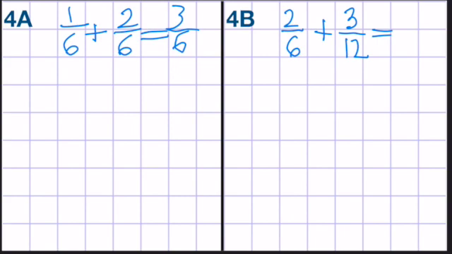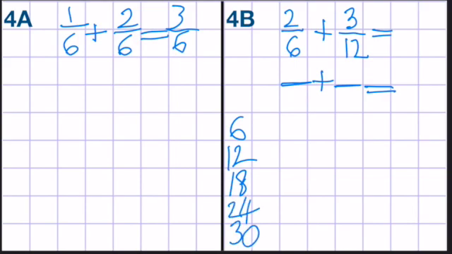With 2/6 add 3/12, the denominators are different, so we are going to have to make them the same. So I'm going to draw my lines there ready. So as in the last example, I'm going to write out my 6 times table, 6, 12, 18, 24, 30, and then I'm going to write out my 12 times table. 12, now actually, I've just noticed something.